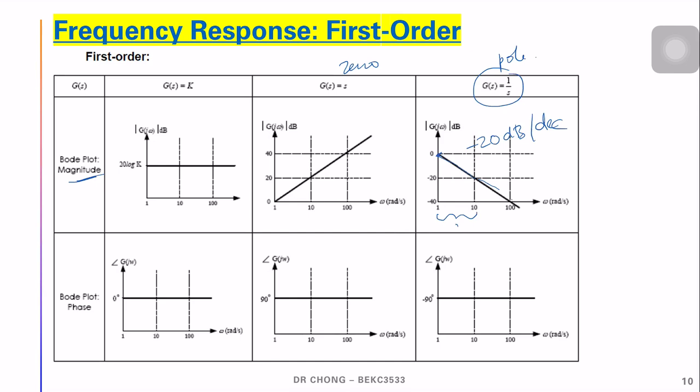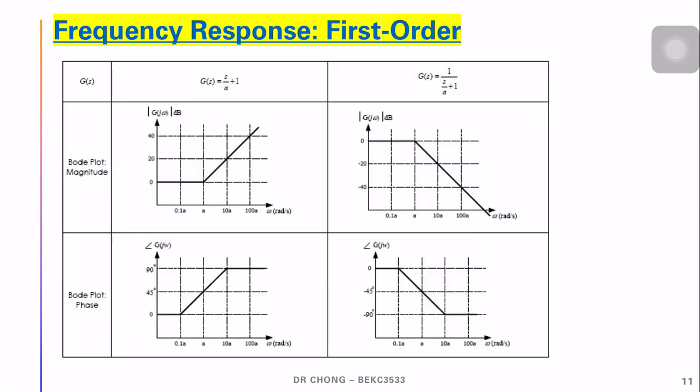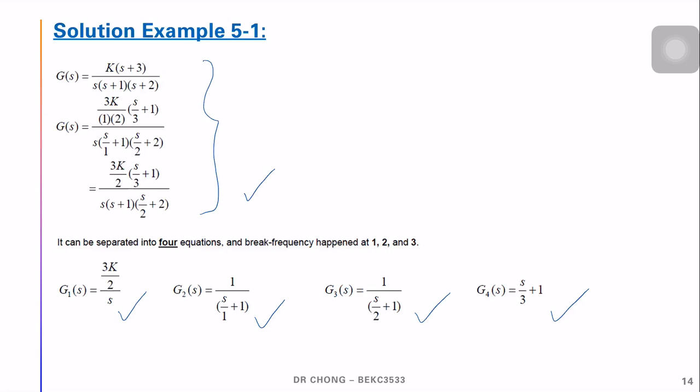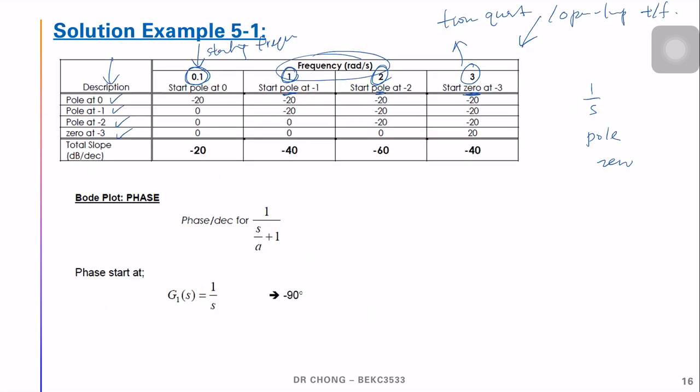This is one decade, this is negative 20 dB. So this slope is negative 20 dB per decade. You start from 0, you draw this. And for the phase, it will start from negative 90 degrees. So you write it here, negative 20, and then for the rest, negative 20, negative 20, negative 20, negative 20.